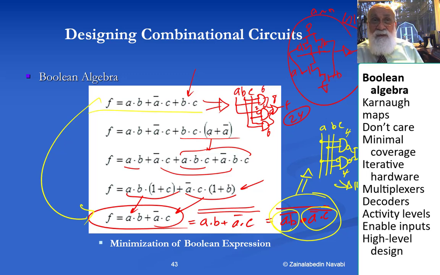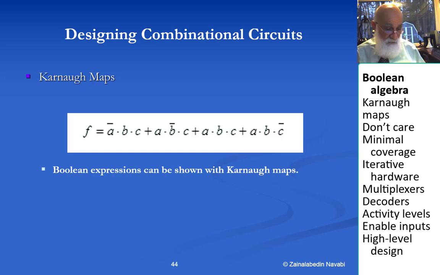In order to get a better view of the terms, I like to use a graphical representation that would show me the relation between BC, AB, A bar C, so that when I decide that BC is the term that I want to expand, I will be able to graphically see that. So Boolean algebra is good, but the problem with it is not having a good insight into the circuit itself. For this very reason, we use Karnaugh Maps.